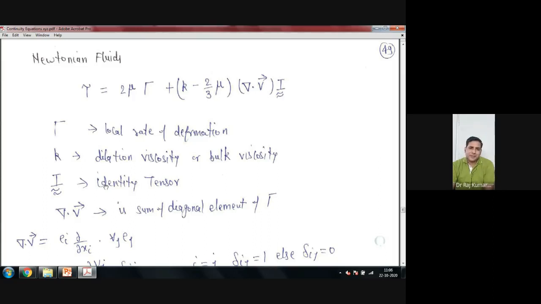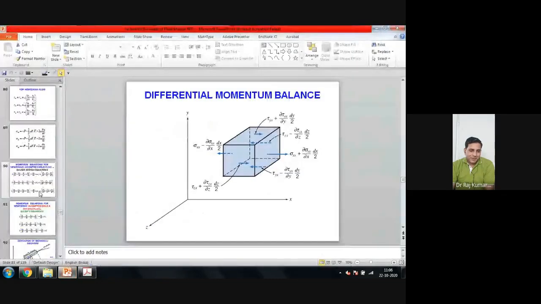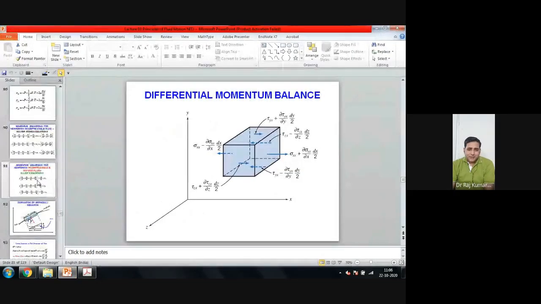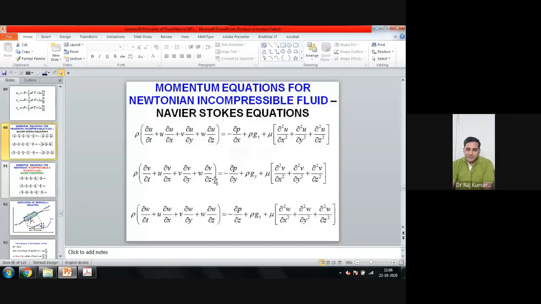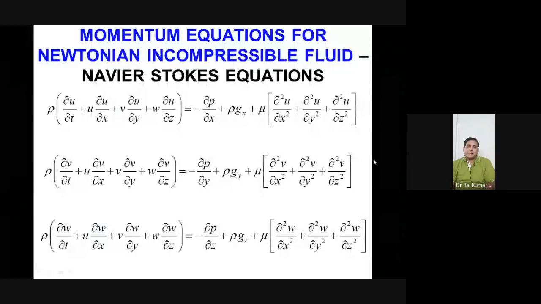Vectors and tensors I don't teach in the UG curriculum, so you can probably leave this term here. I will come back to our class part here. So finally we have derived this one. Okay.